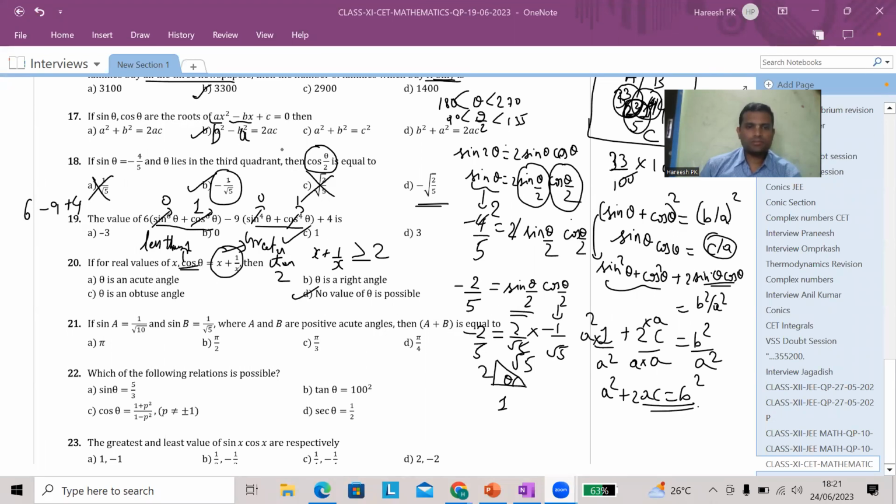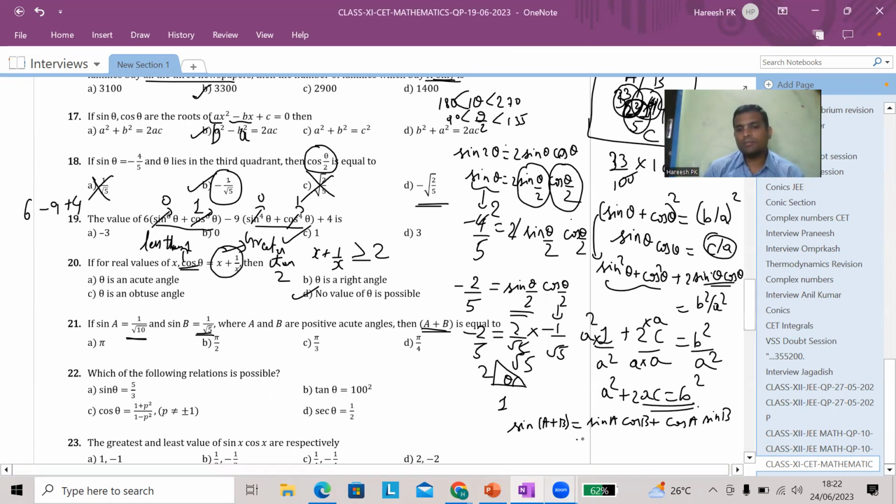So next question, they have given sin A is 1 by root 10. Sin B is given. They're asking A plus B. Start with the sin of A plus B formula. What is the sin of A plus B formula? Sin of A plus B is sin A cos B plus cos A sin B. Now, if you complete the right angle triangle, sin A is 1 by root 10.